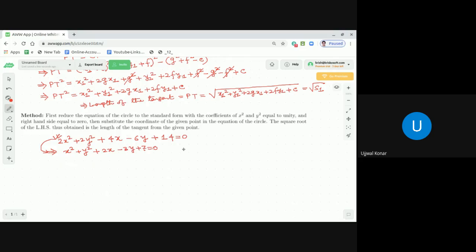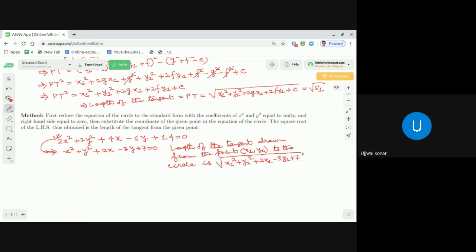That means the length of the tangent drawn from the point x1, y1 to the circle is the square root of x1 square plus y1 square plus 2 into x1 minus 3 into y1 plus 7.